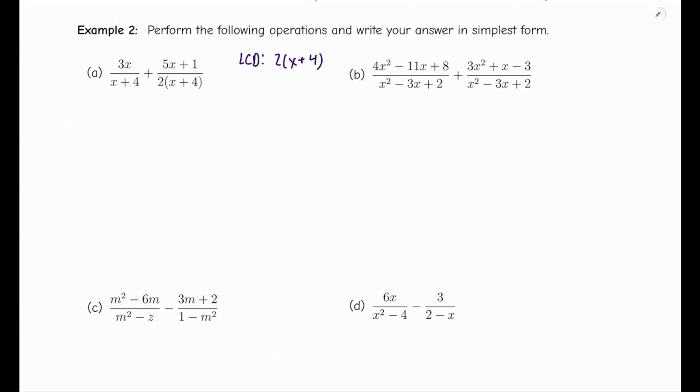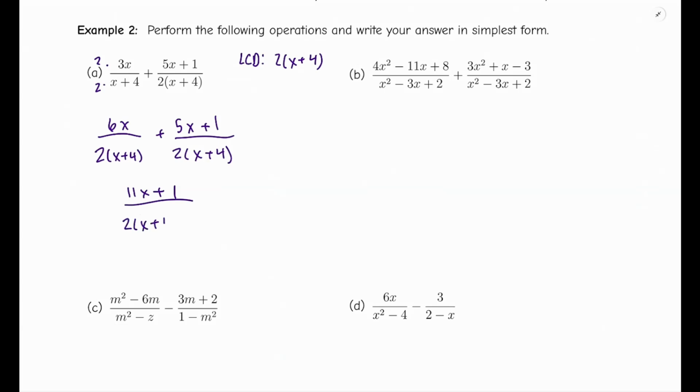So in order to combine these, I'm going to multiply by 2 on the top and bottom of the first fraction. So we get 6x over 2x plus 4 plus 5x plus 1 over 2x plus 4. Now combining, we get 11x plus 1 over 2x plus 4.